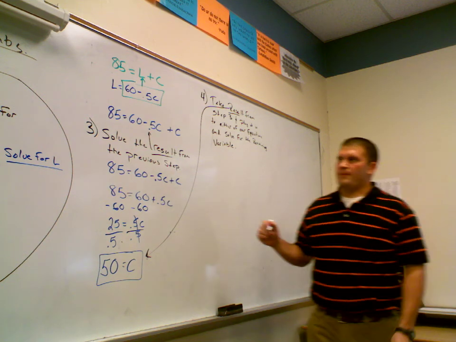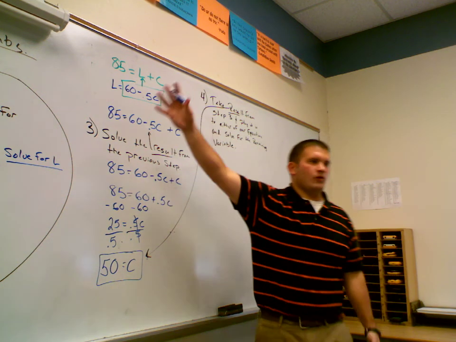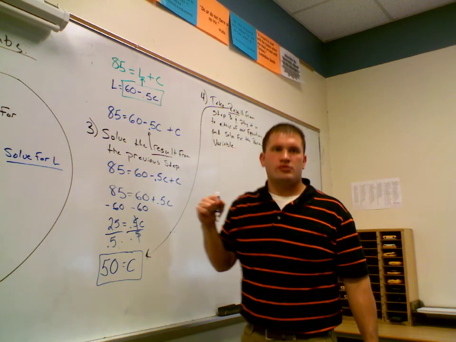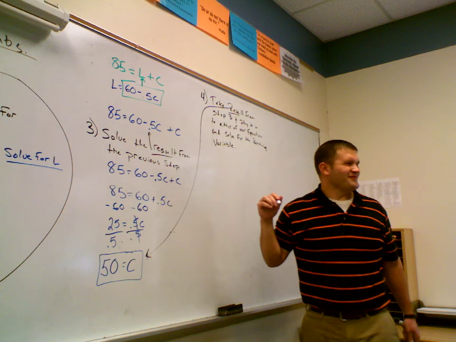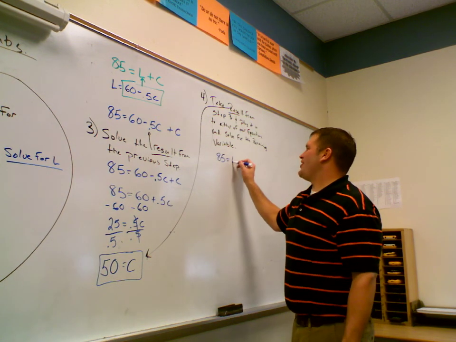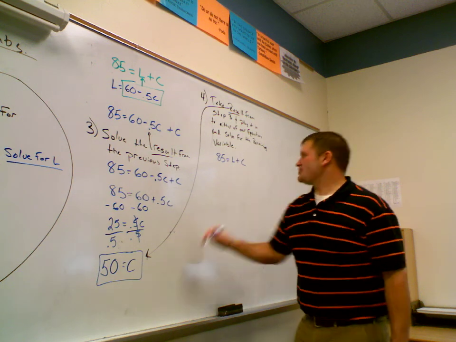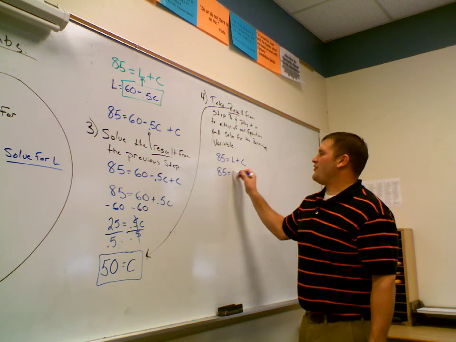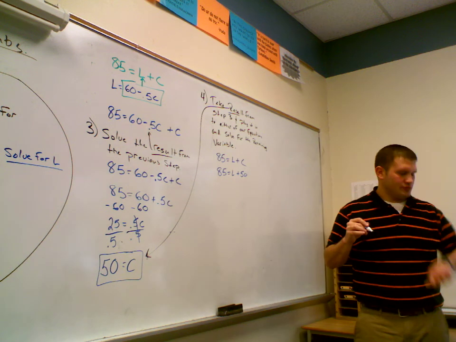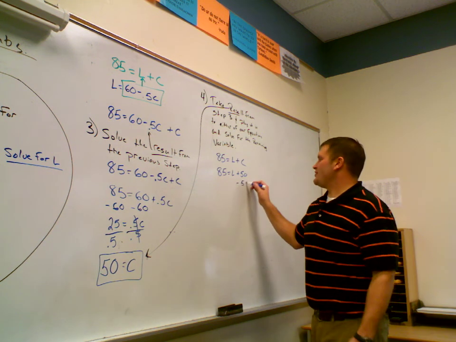So to do that, I can pick either one to use, right? Which one is going to be easier, the 85 or the 1200? 85. Okay. So 85 equals L plus C. We know C is 50. 85 equals L plus 50. What do we do now? Subtract 50.